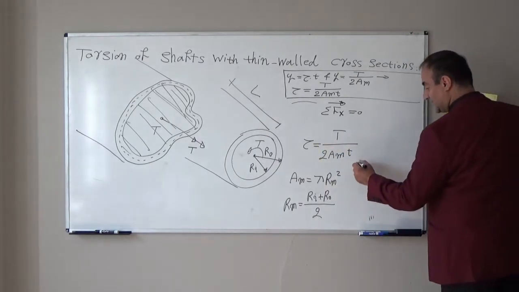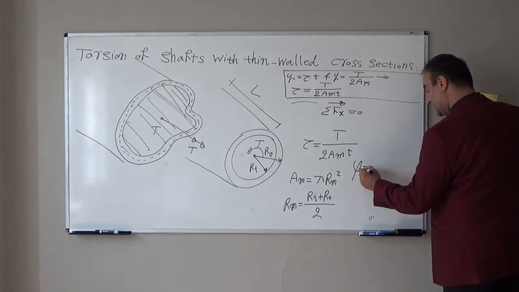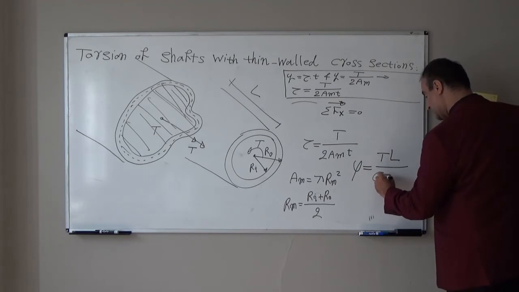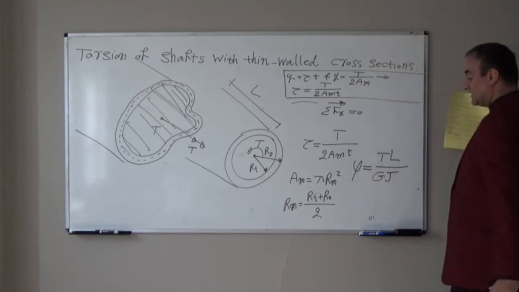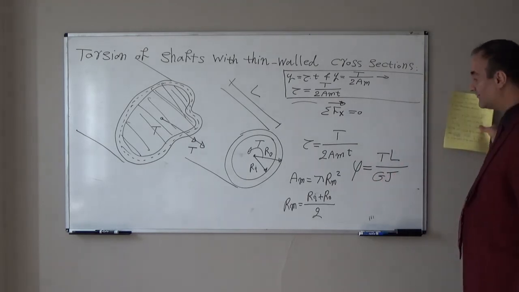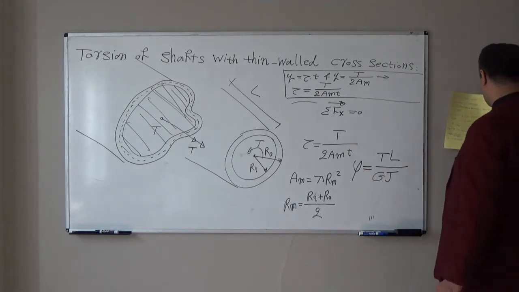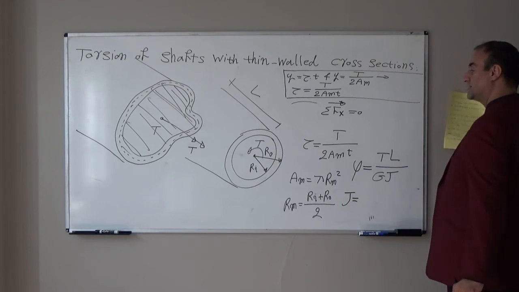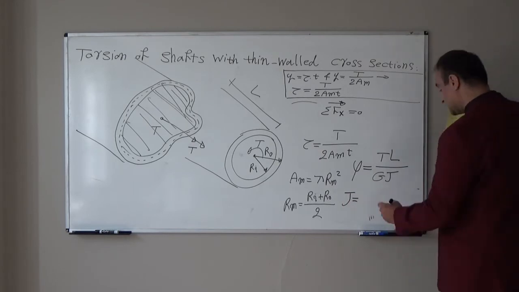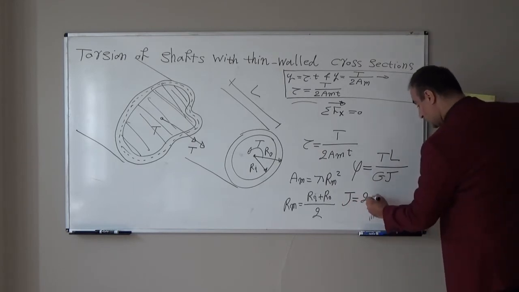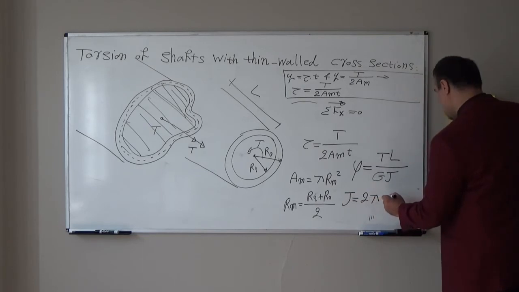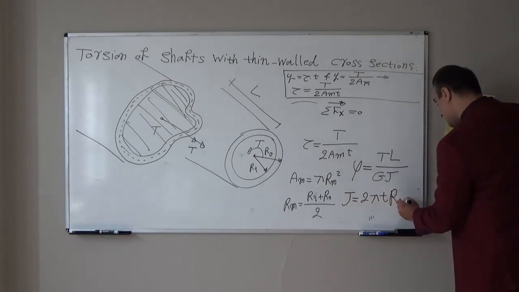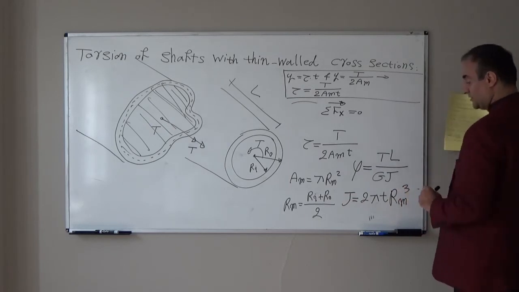In a similar way, because phi is equal to TL over GJ, and J for a thin-walled cross-section, we can prove in statics, is equal to 2 pi t, the thickness, Rm cubed.